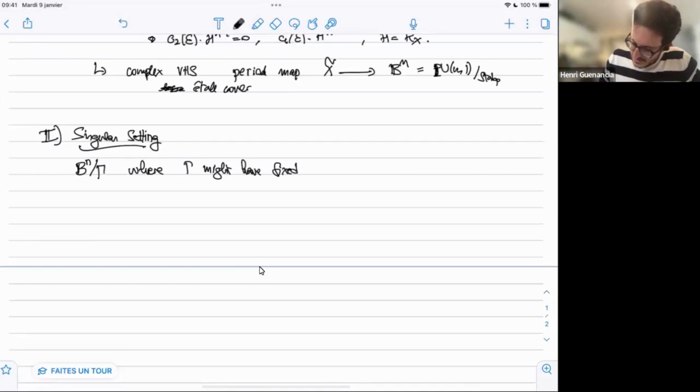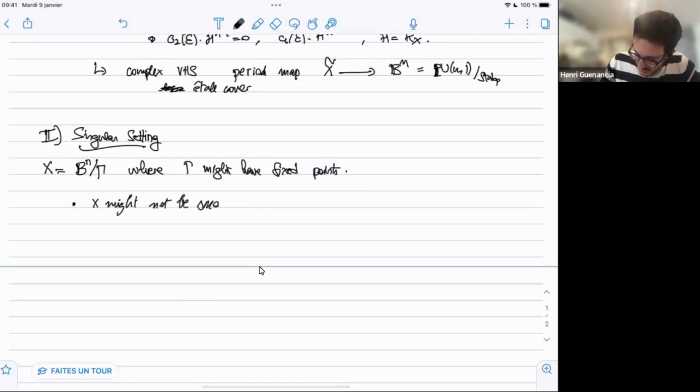Then this has two implications. Let's call this space X. So the first consequence is that X might not be smooth anymore. It could be, but in general it won't be. And K_X might not be ample anymore, even though gamma still acts cocompactly.